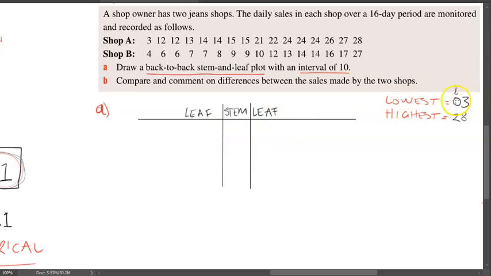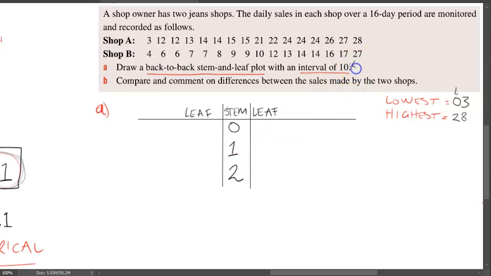Stem smallest starts at 0. Interval of 10 meaning it's going up by units of 10. So we start in our tens, starts at 0, and then it just goes 1 and 2.